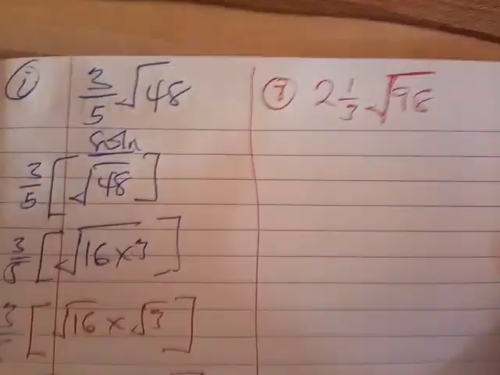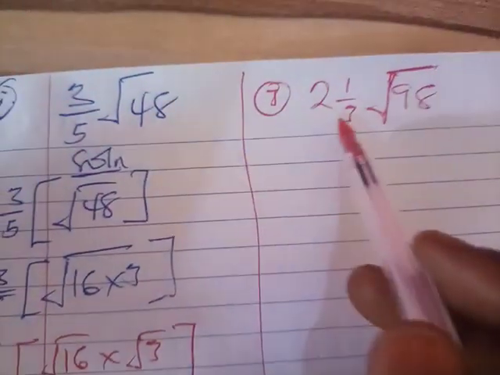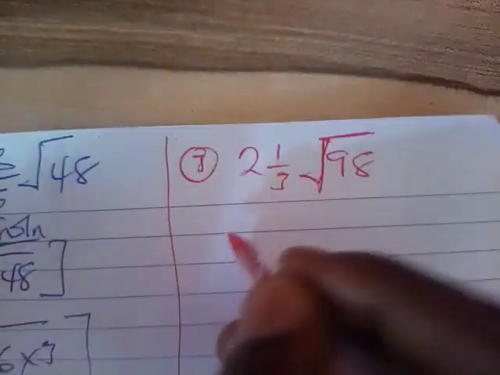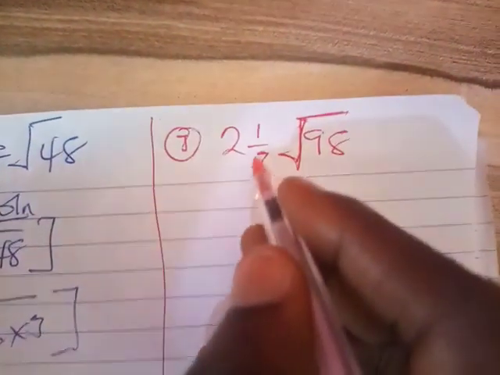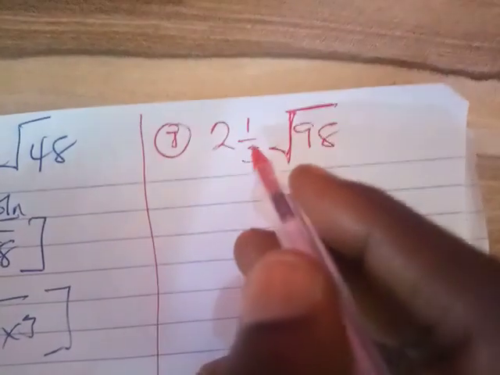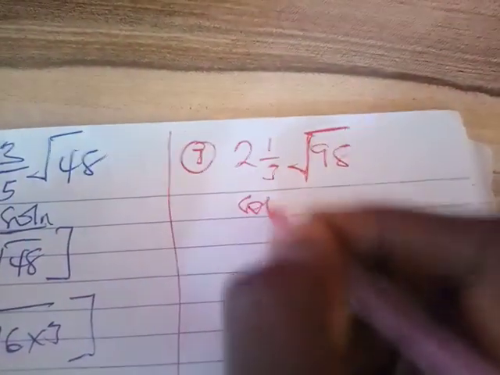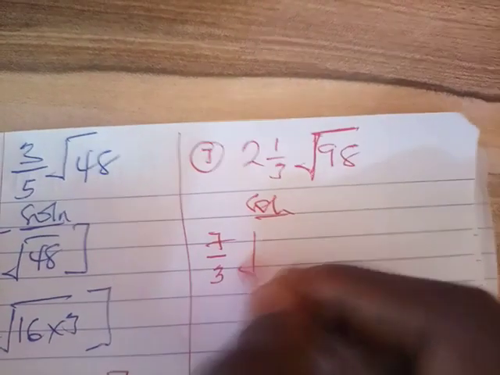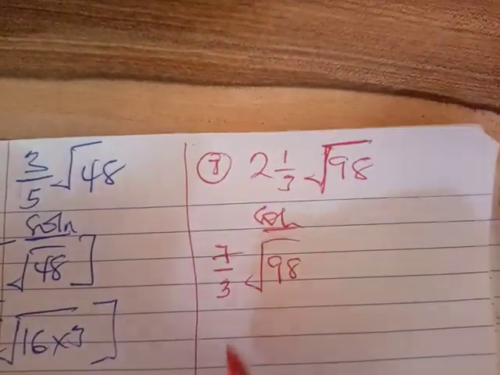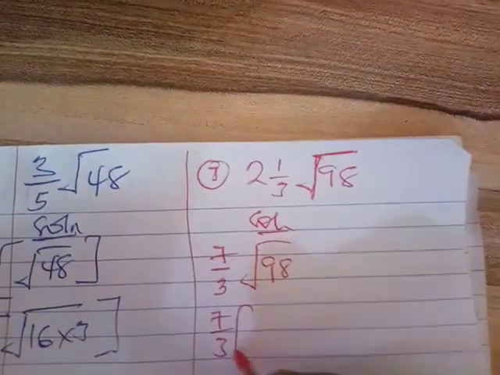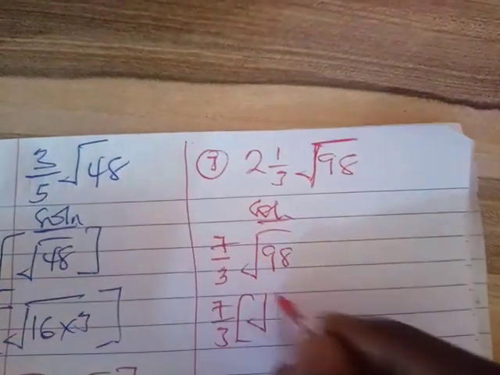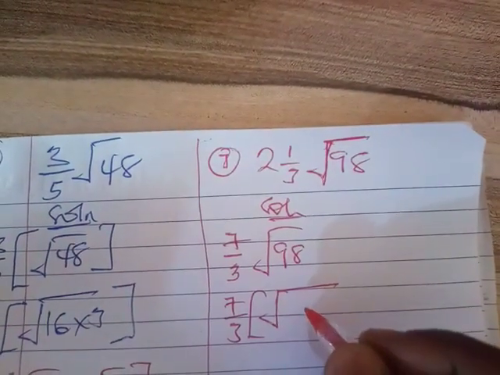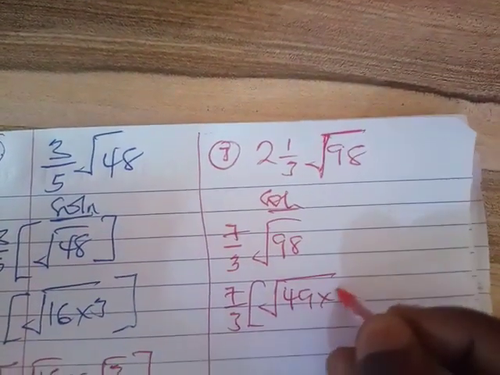Now the next example, let's look at it. We have 2 whole number 1 on 3 root of 98. So we can rewrite this. Now this is just a mixed number. You can change it to an improper fraction. So we have 7 over 3 root of 98. Now root of 98 can be 49 times 2.